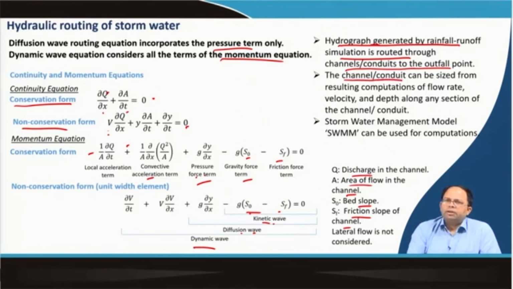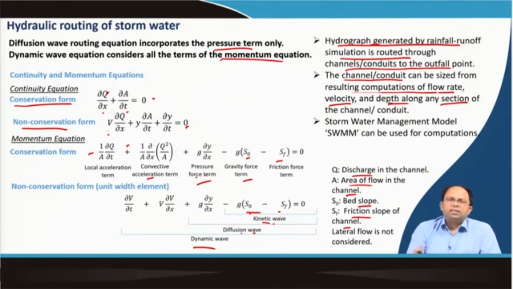That means based on the hydrographs of the quantity of water, we determine what should be the channel sizes and what would be the resulting computations for flow rate, velocity and depth for any section of the channel. So, if we know the hydrograph at each of these sections, we can determine the flow depth, the velocity, the total flow rate and the depth along that particular channel; all these things could be solved.